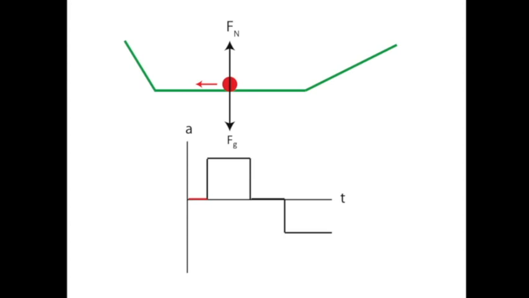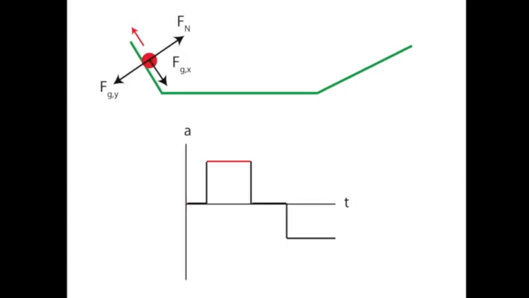So that's going to happen for a little bit as the ball rolls to the left, but then it's going to reach the left ramp. And so while it's moving up the left ramp, now we have a net force along the ramp. We have gravity that points straight down and a normal force that points perpendicular to the surface.